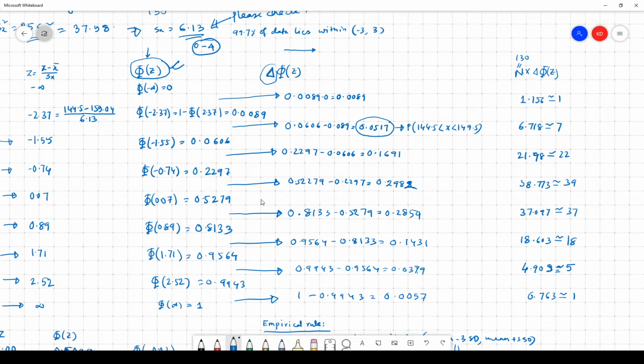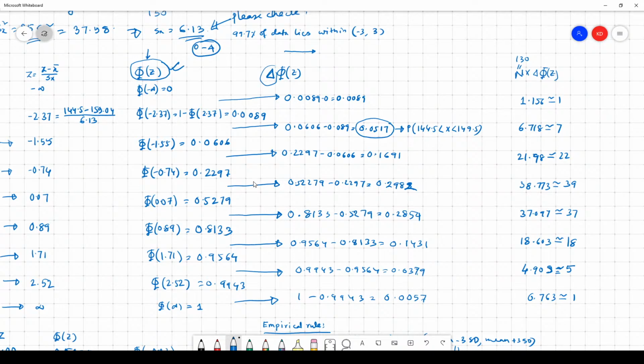So in that way we compute the expected frequency, and the observed frequency is here. Thank you, Shahrukh.